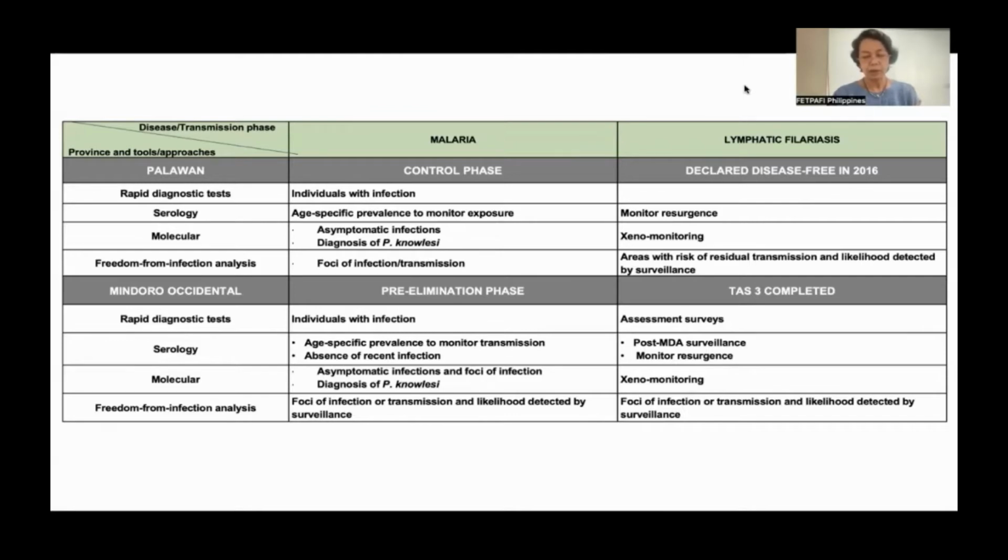I wish to point out that although our project does not include xenomonitoring, there is an area where we hope to explore.